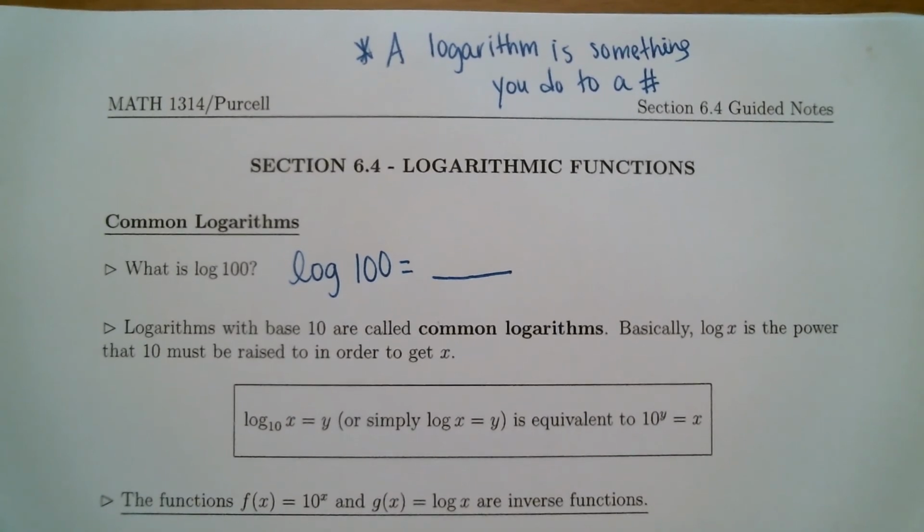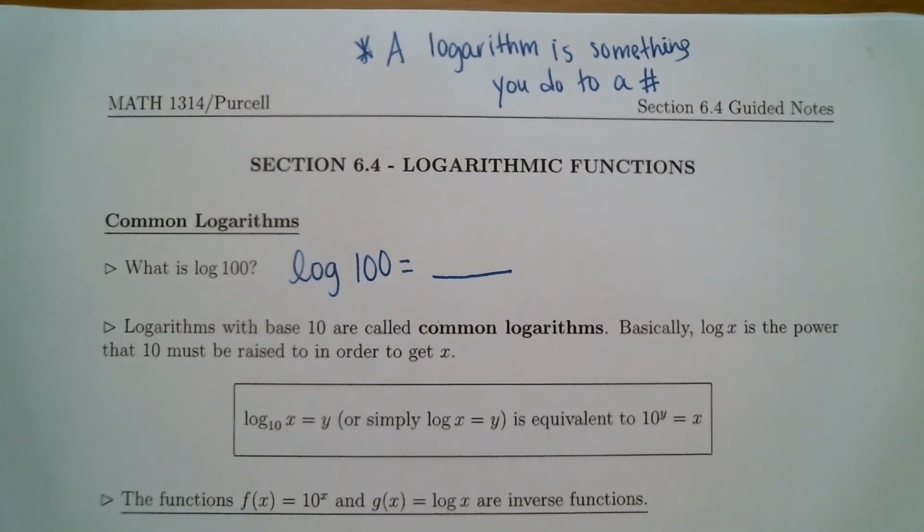It is like taking the square root of a number. If you have 9 and then you take the square root of 9, you get a different number. You get 3. The same thing is going to happen with a logarithm. If I have 100, I take the log of 100, I'm going to get a number that's different from 100. It is something you do to a number. It is not just a symbol.